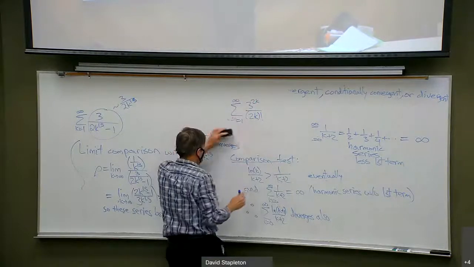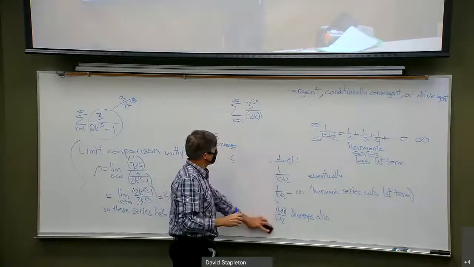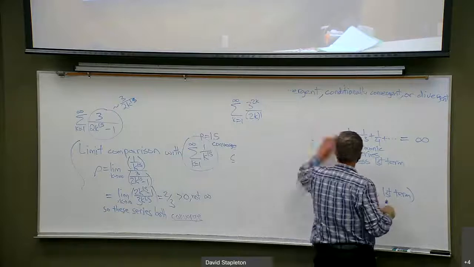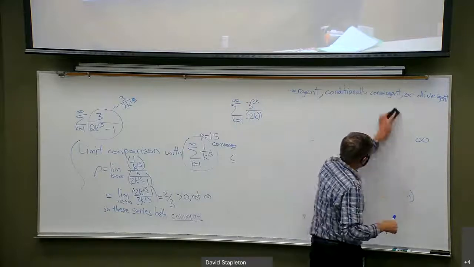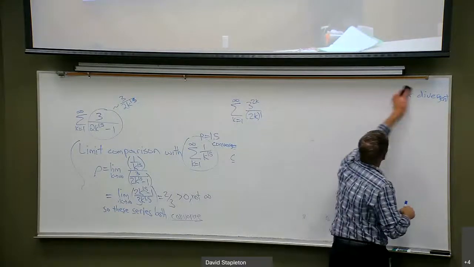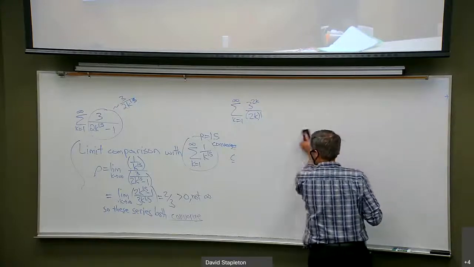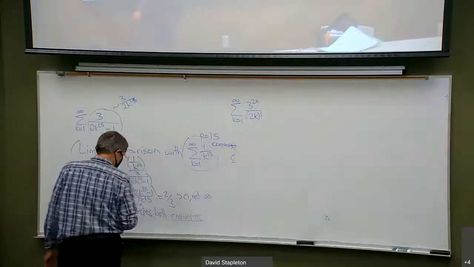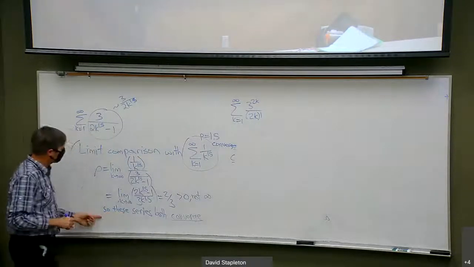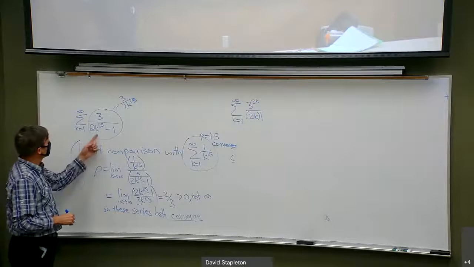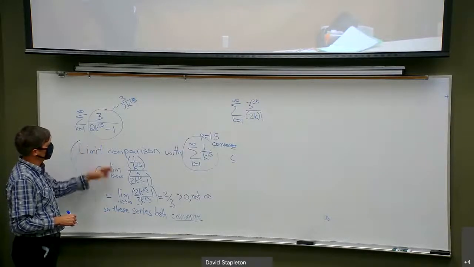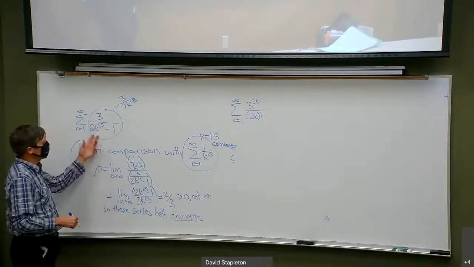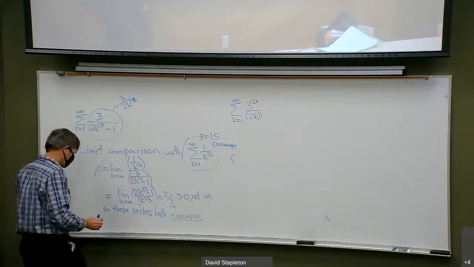How about this one? Same question. Does it converge absolutely, converge conditionally, or diverge? And I should have put on there whether it converges conditionally or absolutely. What do I know? Well, this is a series of positive terms. Whenever you use one of these tests for series of positive terms and it converges, well, the series of absolute values is the same series. These both converge.